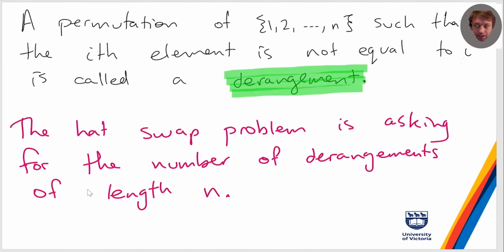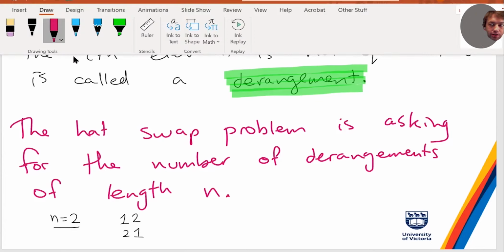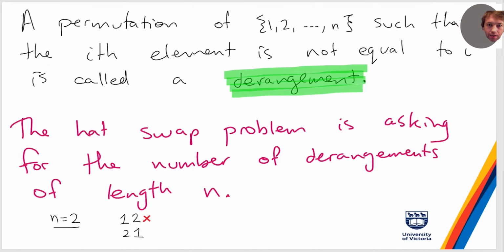A permutation of 1 up to n is called a derangement if for every i from 1 to n, the ith element is not equal to i. For example, if n equals 2, there's only one derangement. The permutations are 1, 2 or 2, 1. The first one is not a derangement because the ith position is i for all i, whereas the second one is a derangement.